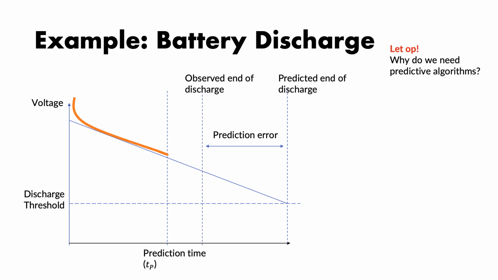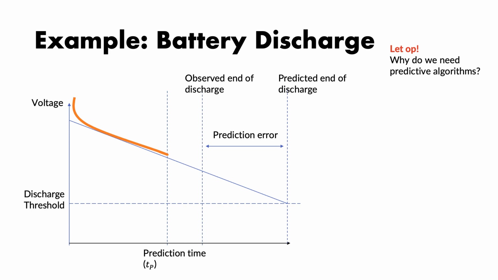But we can also analyze other systems, not just the engine, such as batteries. For example, you see here a trajectory of battery discharge over time. And why do you need predictive algorithms if it looks like it's going downwards linearly?